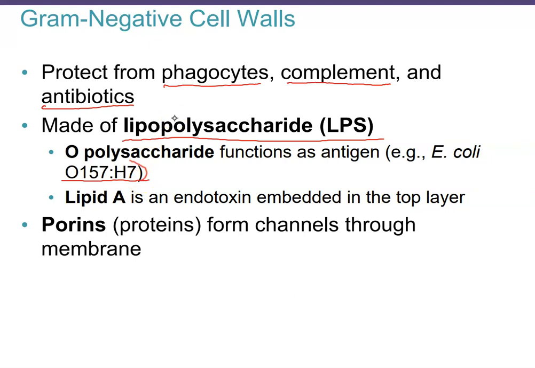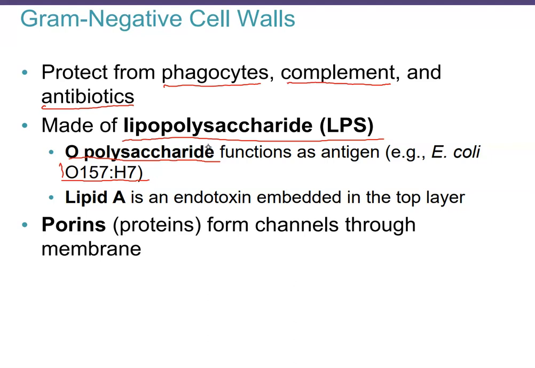But then you also have the polysaccharide, the O antigen. So the O157 refers to the cell wall polysaccharide component. Again, the O polysaccharide actually functions as an antigen, so that's a component of the gram-negative cell wall. That's something that does cause an immune reaction.